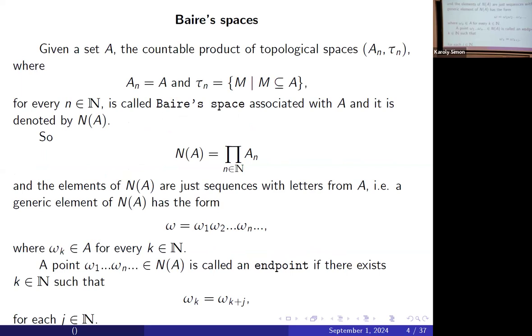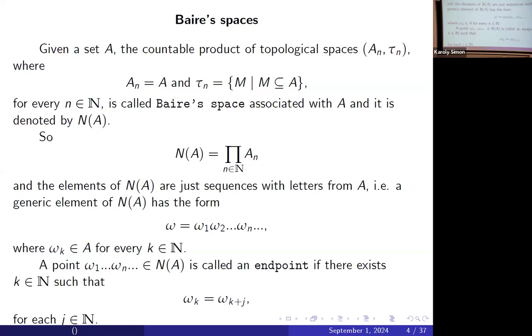The idea is the following: we have a set A, and for each natural number n, we look at the topological space (A, tau_n). A all the time is A, and tau_n is the family of all subsets of A. Then we take the product of this countable family of topological spaces, and what we get is the Baire space, which is denoted by N^A. So from the algebraic point of view, N^A is nothing else but the set of all sequences with elements from A.